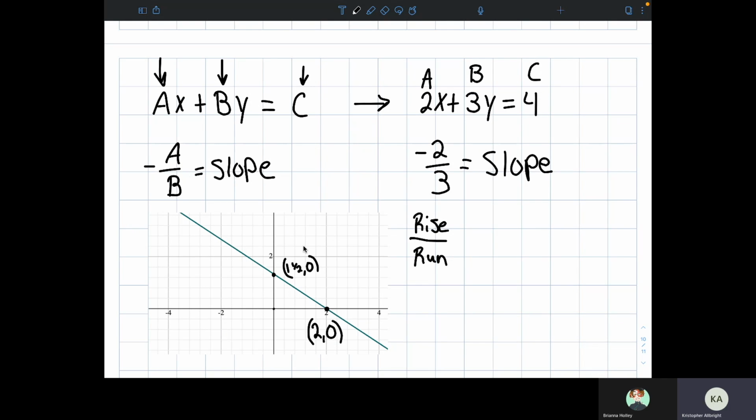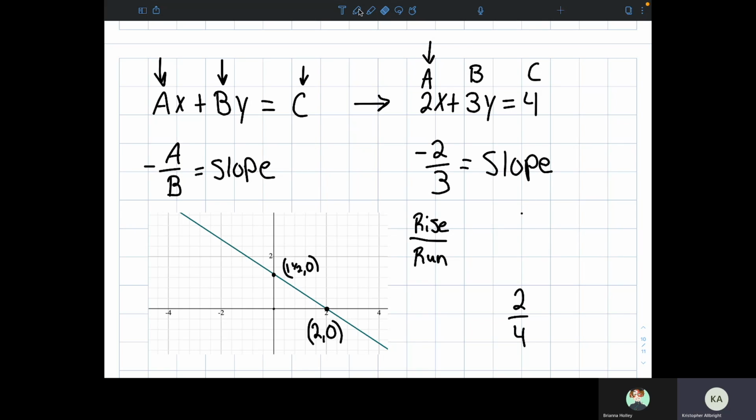So a way that you can pull out intercepts is, I believe, A over C and B over C. So if we plug in A over C, we're going to plug in our A. So 2 over 4, and we are going to get 1/2. I apologize. Do it the other way.